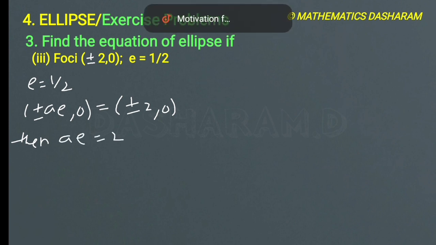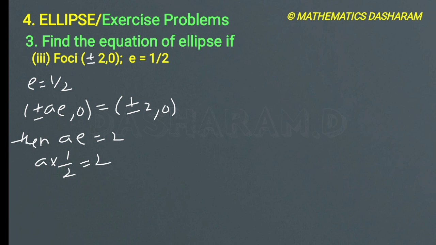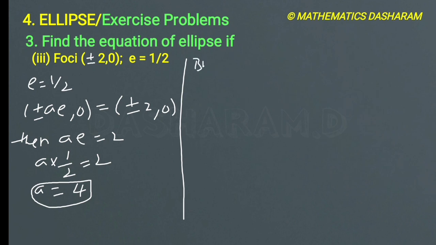So here e value 1 by 2. So a into 1 by 2 equals 2. a equals 4. But the eccentricity formula is, see here, foci is plus or minus a e comma 0. So that means the eccentricity formula will become under root 1 minus b square divided by a square. But e value is 1 by 2.